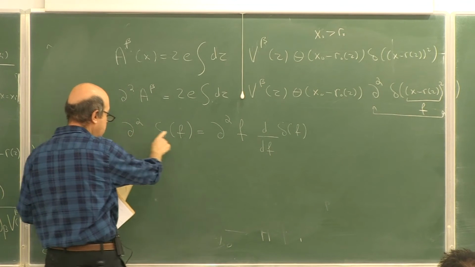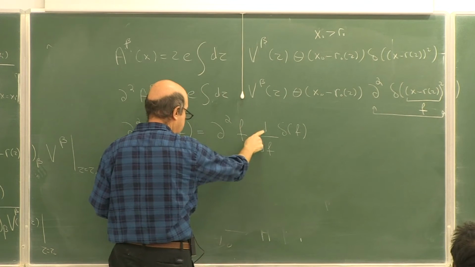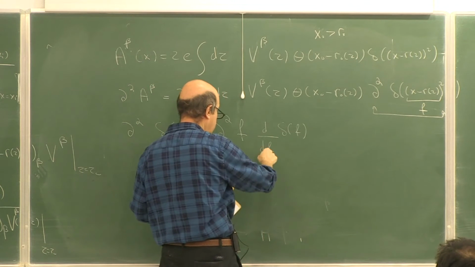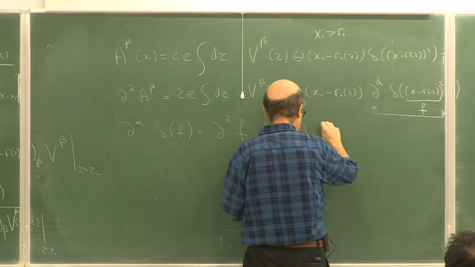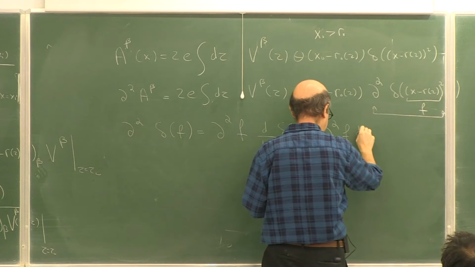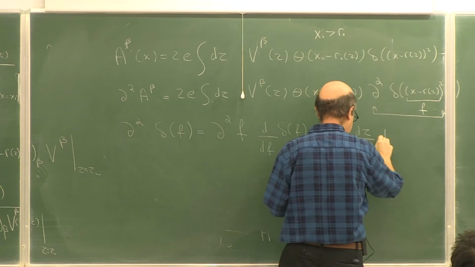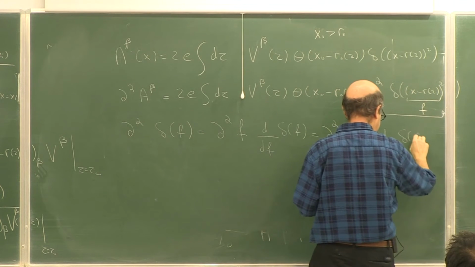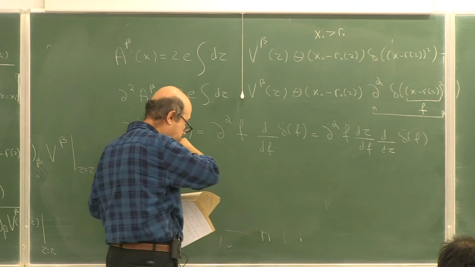So that is equal to del alpha f times d delta over df. Using the chain rule, that is equal to del alpha f, d tau over df, d over d tau of delta f. So this is a simple chain rule.